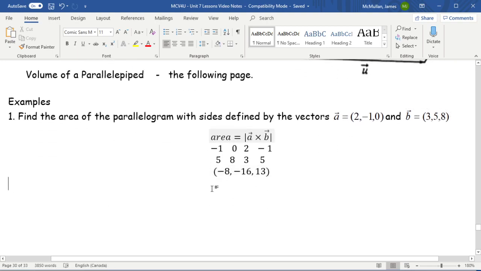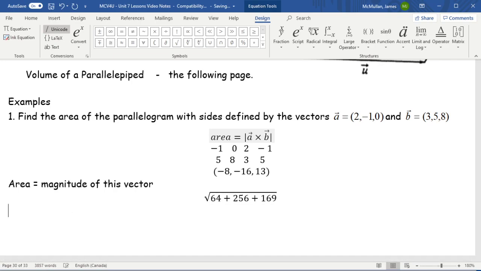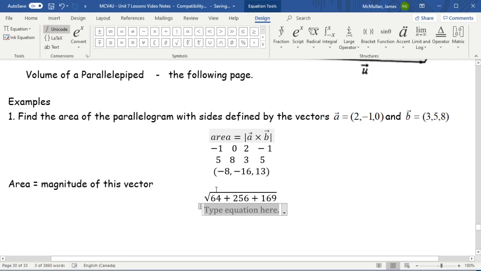Now, the area is simply equal to the magnitude of this vector. The magnitude would be the square root of 64 plus 256 plus 169, which is just those three numbers squared.